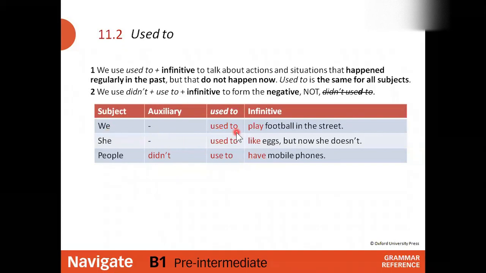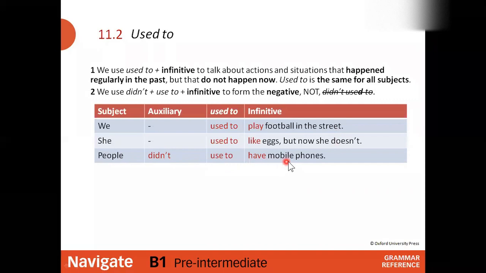For example, we used to play football in the street. So it means when we were kids, like 10 or 15 years ago, we played football in the street, but now we don't play. Next, she used to like eggs, but now she doesn't. It means before she liked eggs, but now she doesn't.